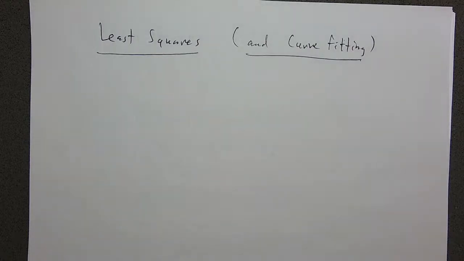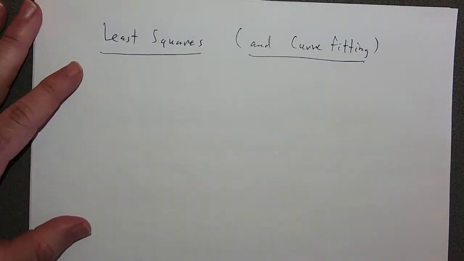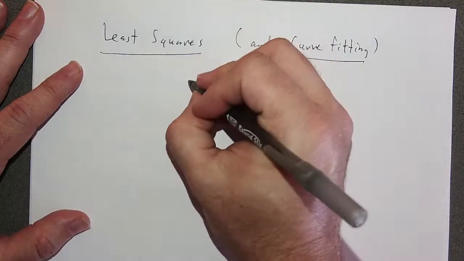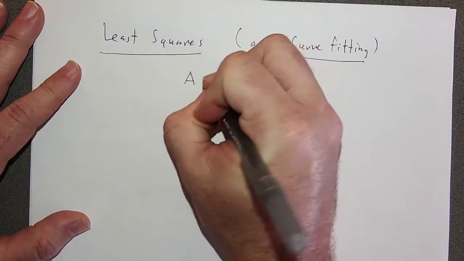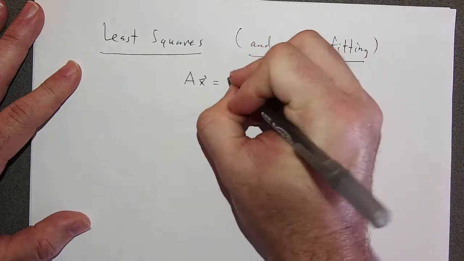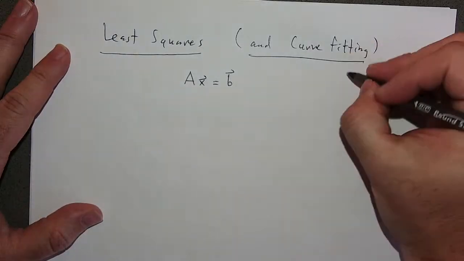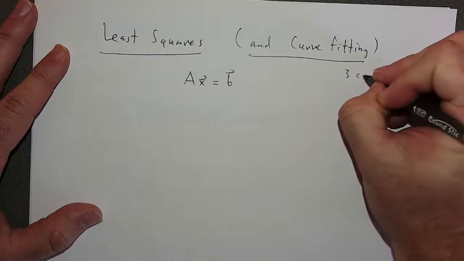But what is least squares? Maybe let's start with the most basic expression in linear algebra, the thing that is fundamental. This matrix equation, Ax = b. Recall, there are three cases.